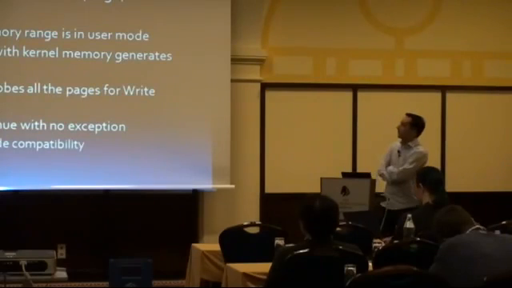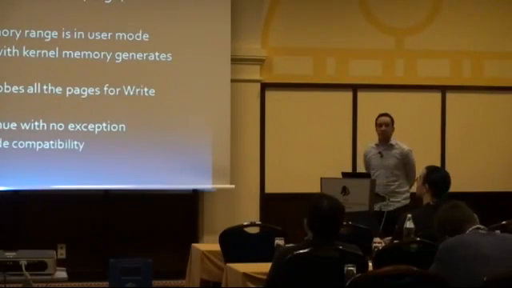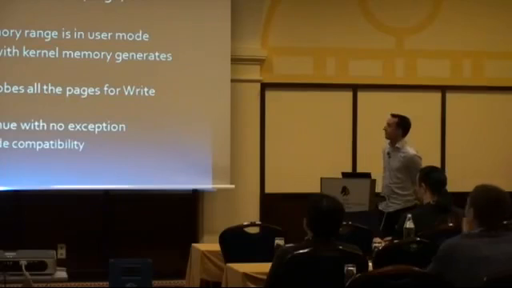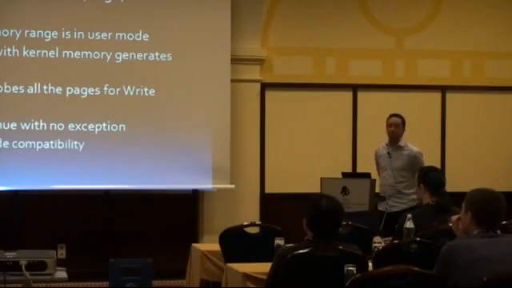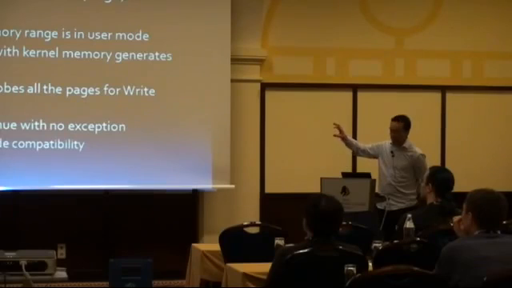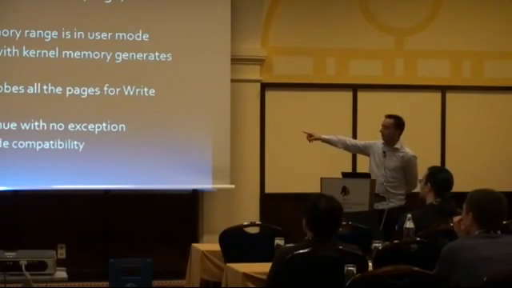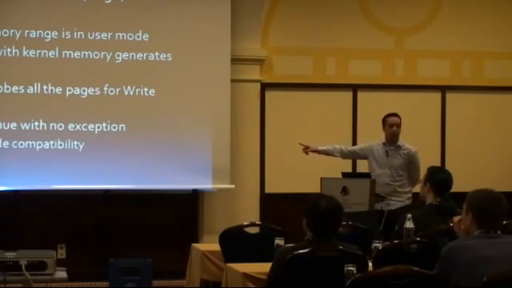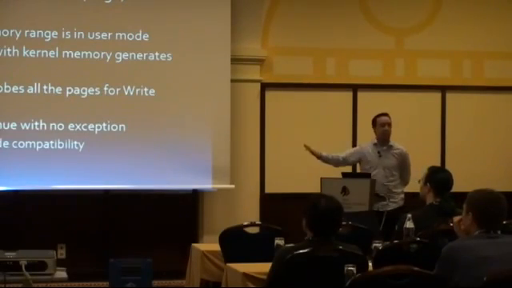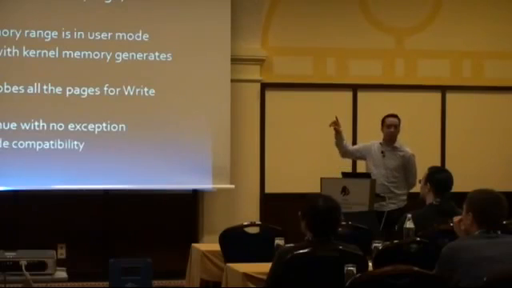This is ProbeForRead, ProbeForWrite. 3 arguments: address, length. That's the range, and alignment. I'm not going to talk about the alignment. Basically, it validates the range, whether it is in user mode, and if not, it will raise an exception. Keep your eyes on the last bullet. If length equals 0, it doesn't matter what you put in address. It can be a kernel mode address, a user mode address, whatever.